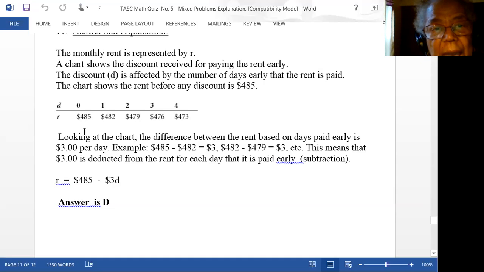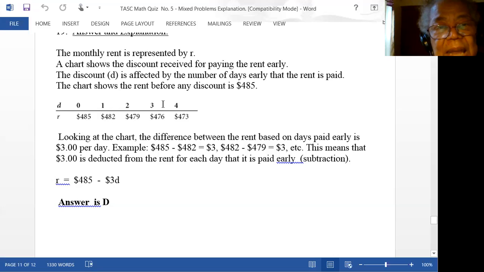Now, if you look at the difference, $485, that's the rent when you just pay it on time. If you pay it 1 day earlier, 485 minus 482 is $3. Pay it 2 days earlier, 482 minus 479 is $3. So you look at all these differences and they are $3.